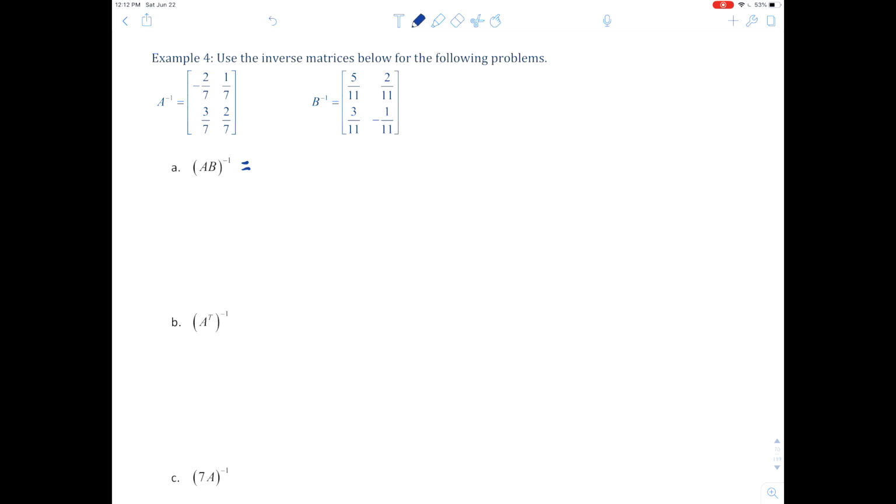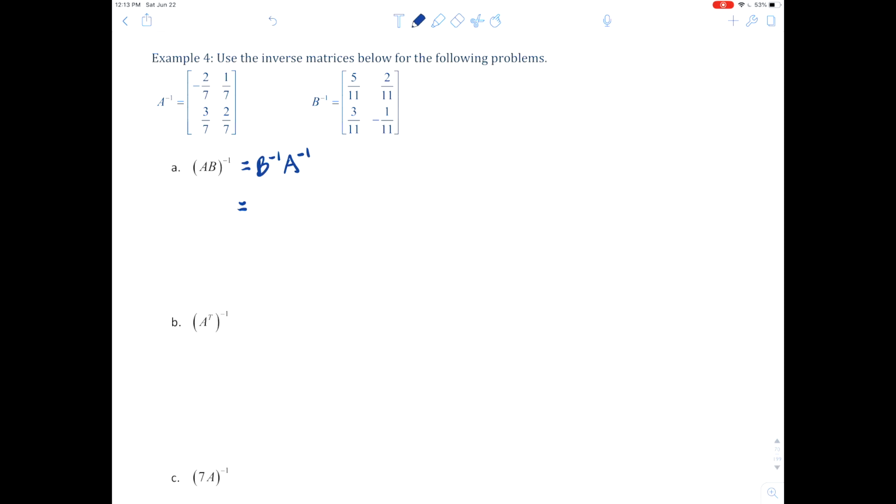Isn't AB, that product inversed, equal to B inverse times A inverse from above? Okay? And we have both of those. Otherwise, we would have had to find the product AB, and then go through that long problem and find the inverse. Because you're going to have to do some of these without a calculator.